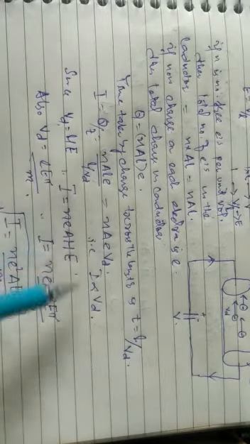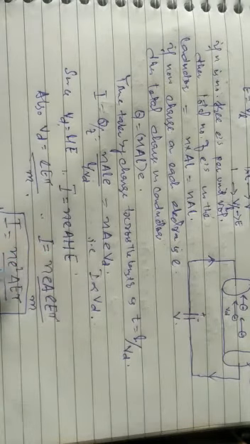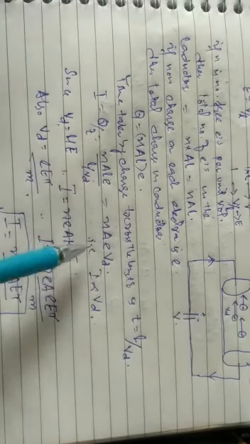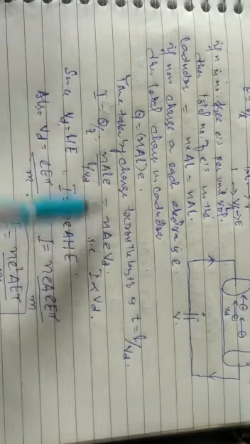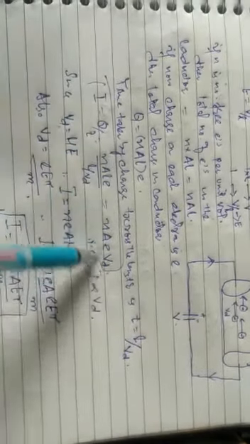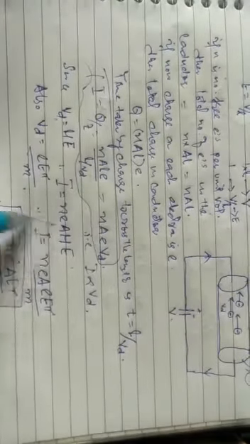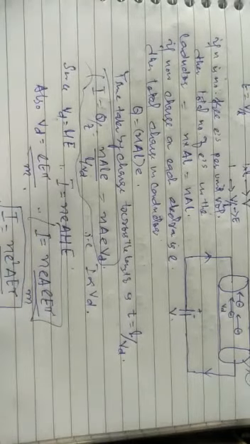You can use Vd directly in the equation. These three equations you have to remember. This is the relation between drift velocity and electric current.